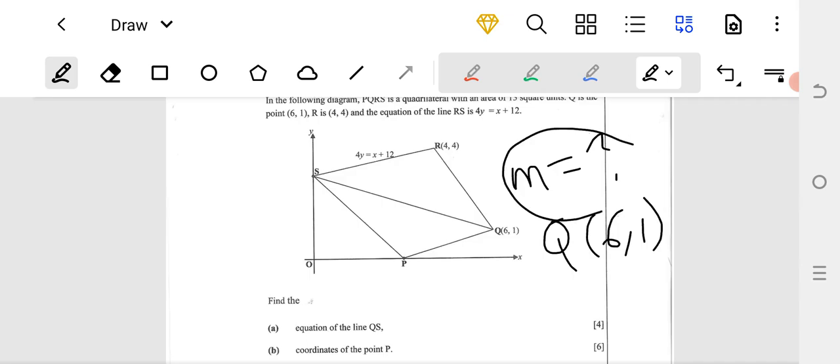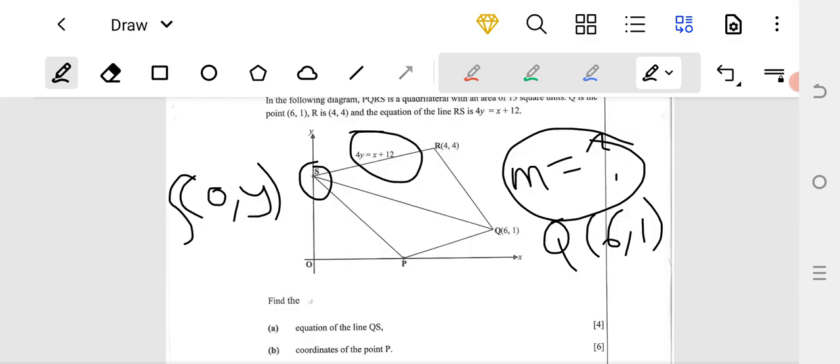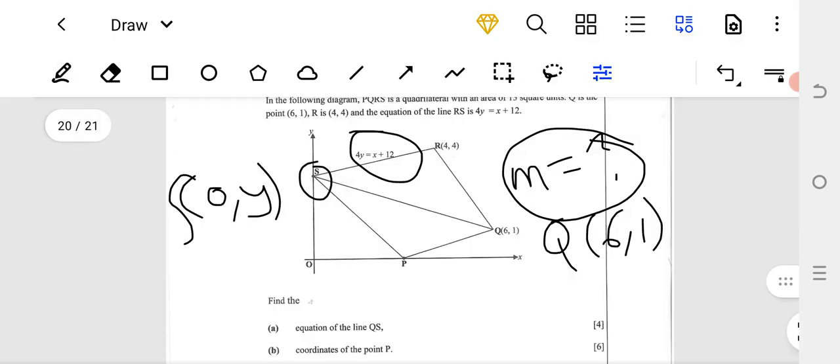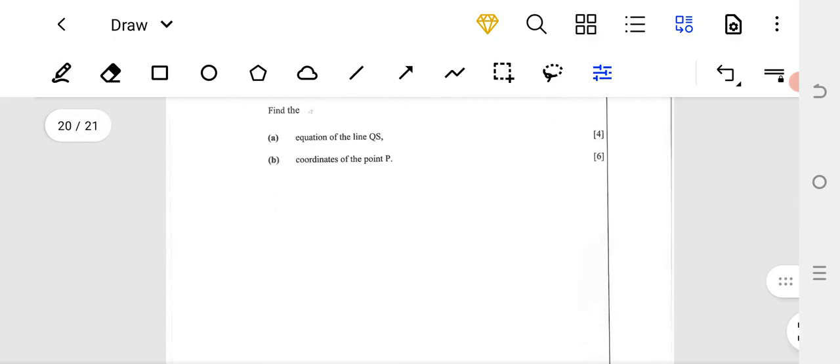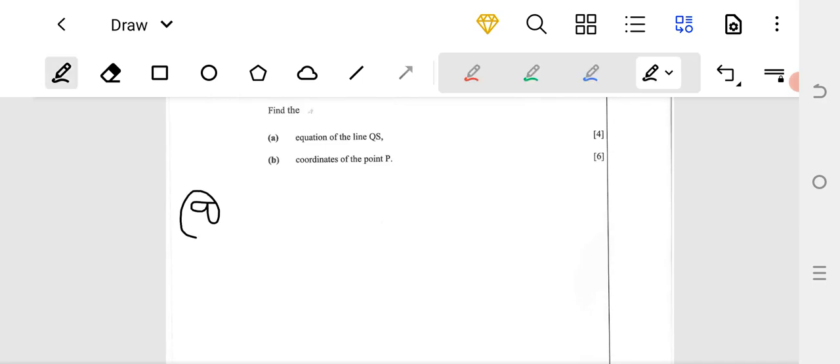So we need to find the gradient, which means for us to find the gradient, we need to find the point S. Now, since the point S is along the y-axis, already we know it is (0, y). That's the point S. The only thing that we need to know is the y coordinate. And here we have this equation which can help us find the y coordinate. So we have 4y = x + 12. Okay, so we're answering A.